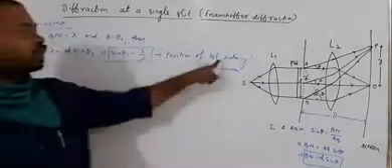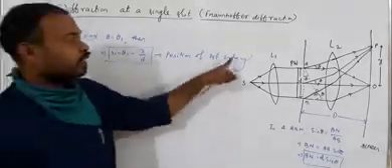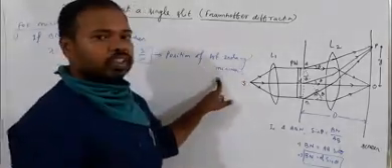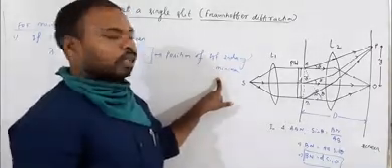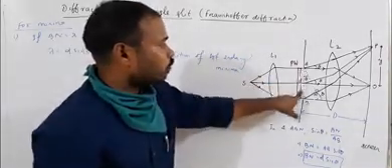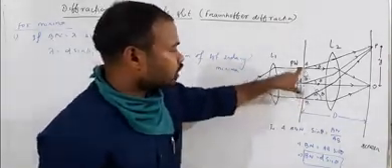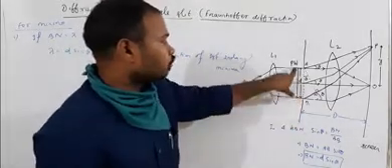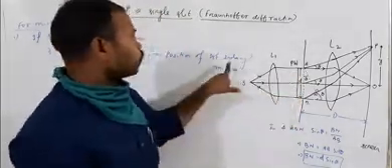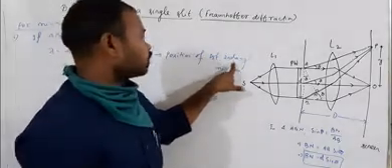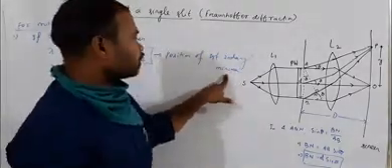What is this first secondary minima? Secondary means this minima is obtained due to the interference of secondary wavelets originating from the slit AB, or originating from the plane wavefront. Due to interference of secondary wavelets, we name this as secondary, and this position is minima.